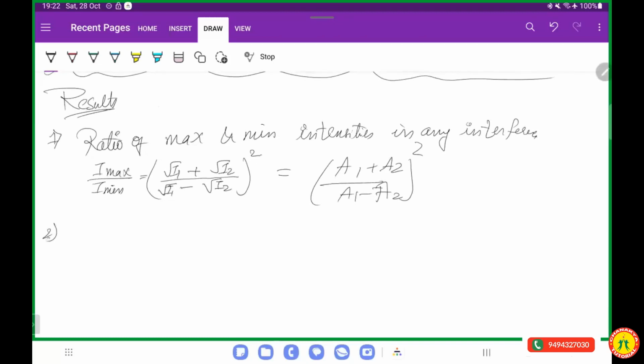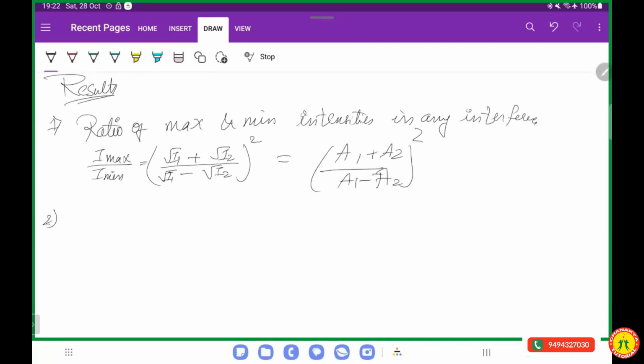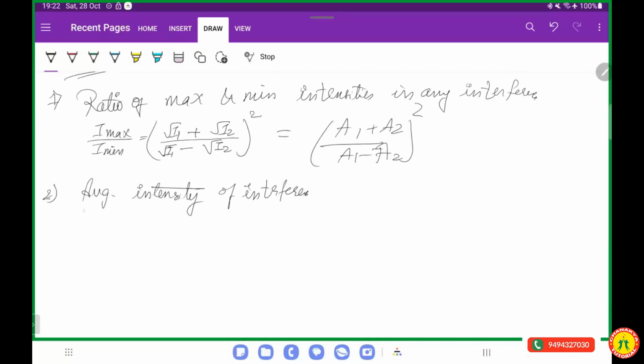Second one, average intensity of interference. I average equals I max plus I min divided by 2.